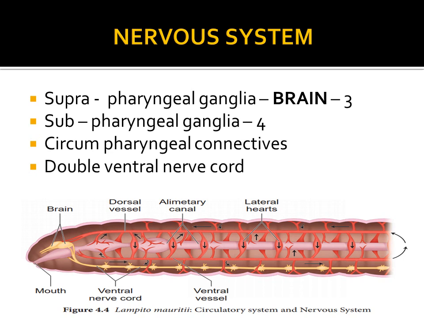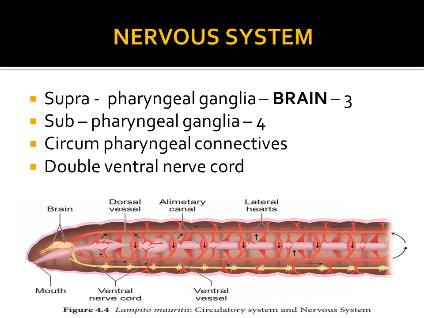What regions are involved in the nervous system of the earthworm? The first one is the suprapharyngeal ganglia, otherwise known as the brain. The second one is the subpharyngeal ganglia. The third region is the circumpharyngeal connectives.